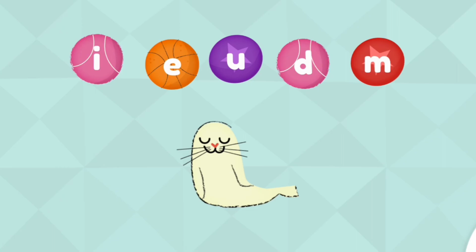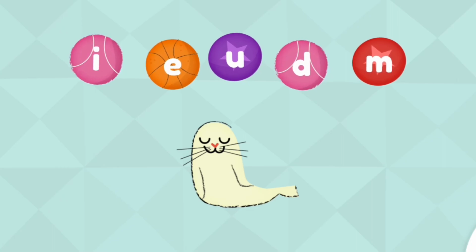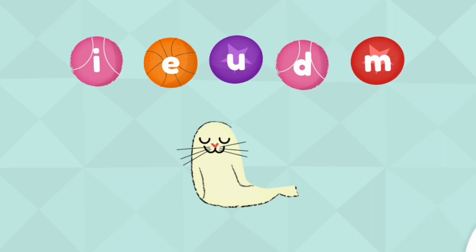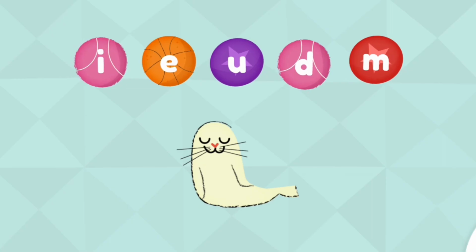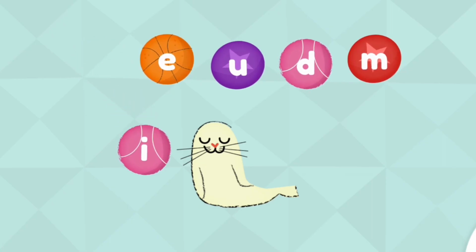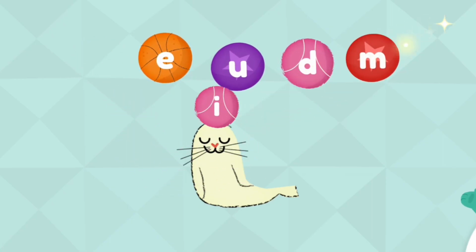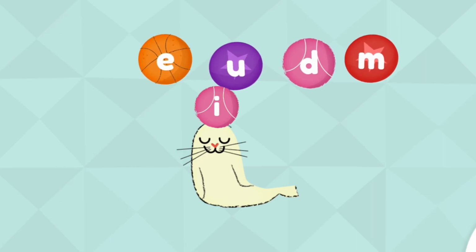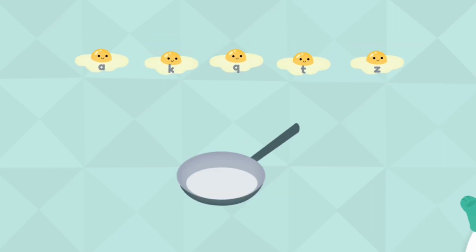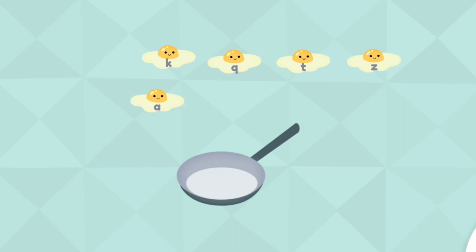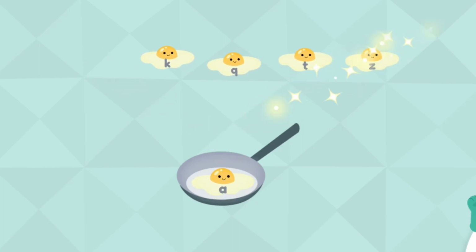Give the ball with the letter I to the seal. Cool beans! Put the egg with the letter A in the pan. Keep it up.